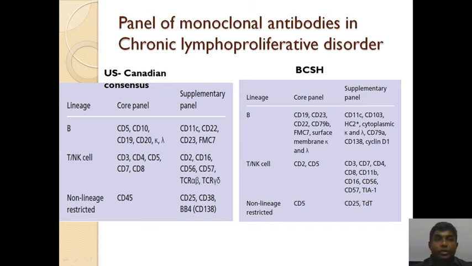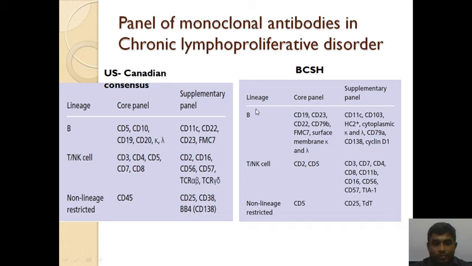So we use different types of markers. These could be cell surface or intracytoplasmic or intranuclear markers to identify and subtype different types of CLPDs. This could be done by flow cytometry or by immunohistochemistry. So flow cytometry is done from a liquid sample, peripheral blood or bone marrow aspirate, whereas for IHC we use bone marrow biopsy.